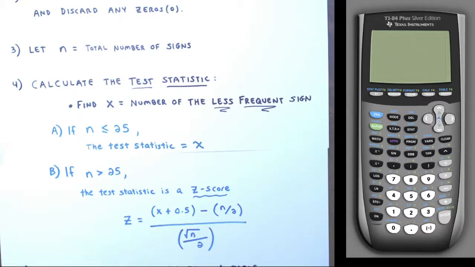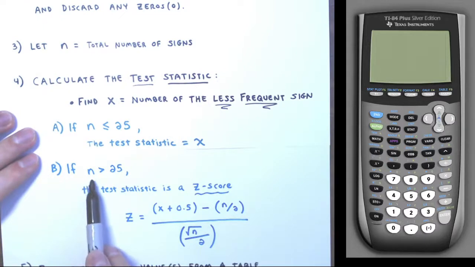But the binomial distribution is not so much mentioned here. What we have here is a normal approximation to a binomial. I'm not going to get into all that. Just understand that we're going to have to find a different test statistic if n is greater than 25.